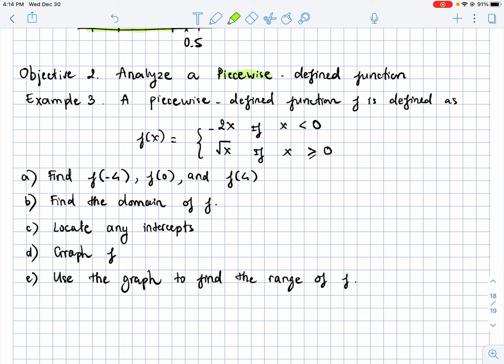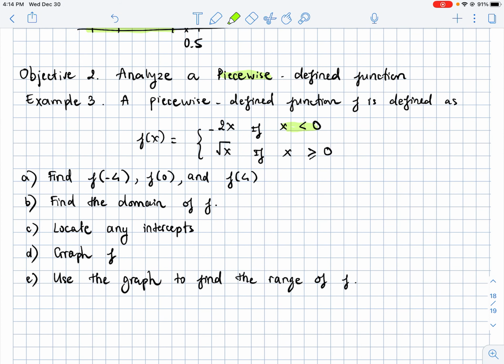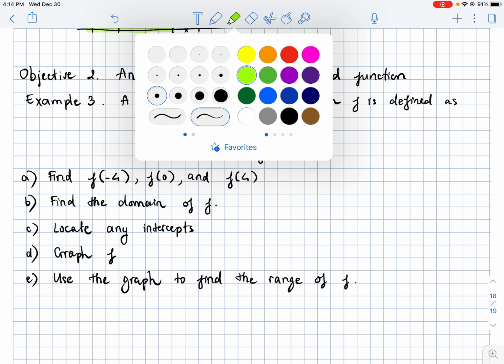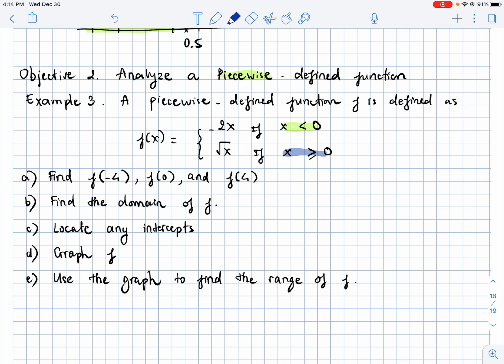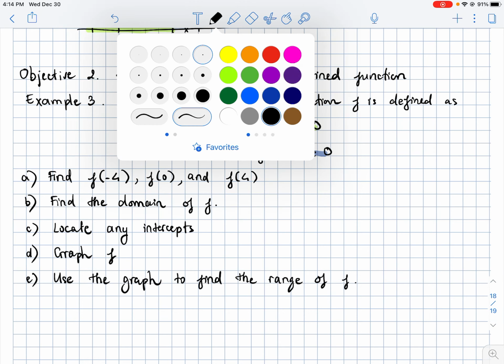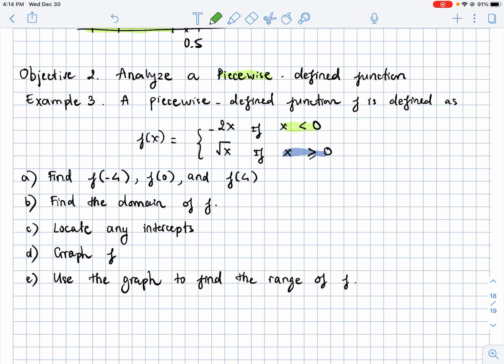For example, number 3, we have a piecewise function f of x equals negative 2x if x is less than 0, and square root of x if x is greater than or equal to 0. This is the domain that I'm talking about, x less than 0 and x greater than or equal to 0.